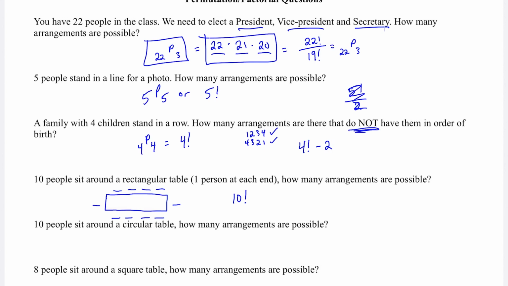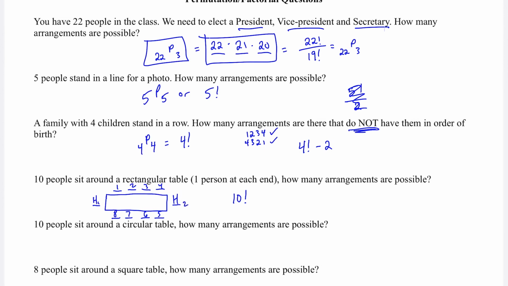Now, I would argue to you that there's kind of 2 unique spots here. This is a head and this is a head of a table. And if we want to see either of those as heads, then we could think that if we had the order as 1, 2, 3, 4, 5, 6, 7, 8, and let's call this H1 and H2.